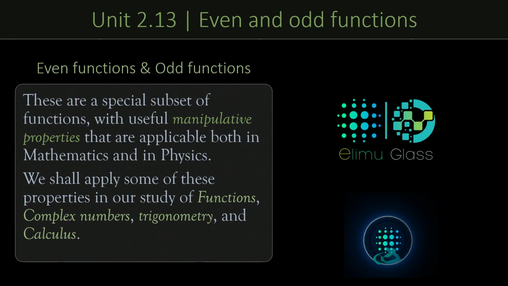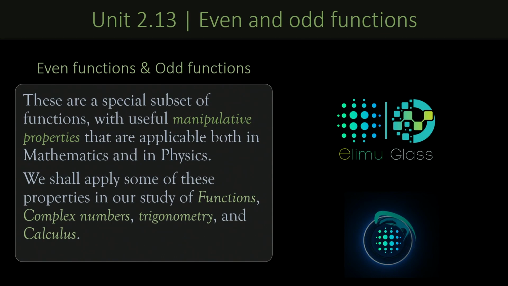These even and odd functions are a special subset of functions with useful manipulative properties that are applicable both in mathematics and physics. We shall apply some of these properties in our study in this very topic of functions, but we will see how these types of functions are useful when we identify them. We can identify them when we are solving problems involving complex numbers, trigonometry, or indeed calculus.